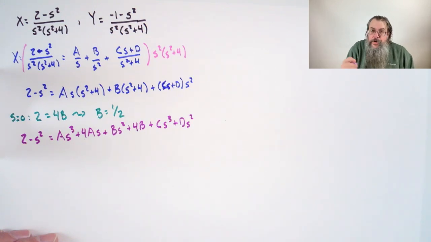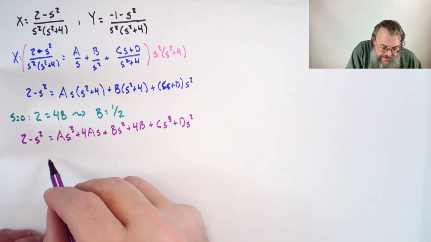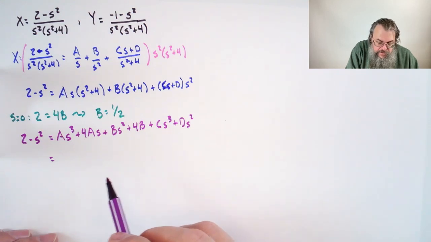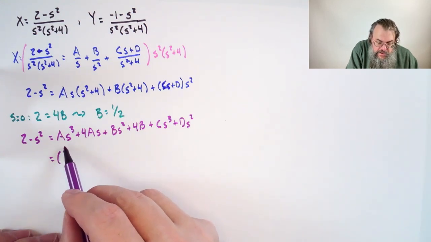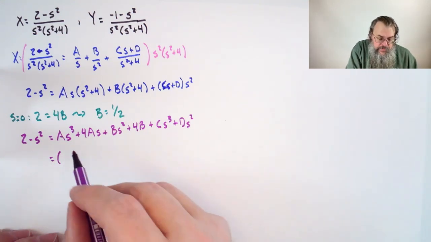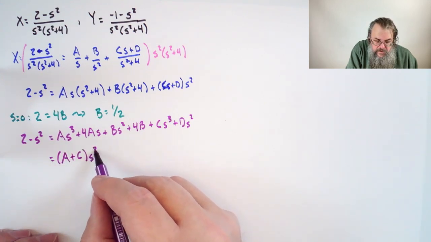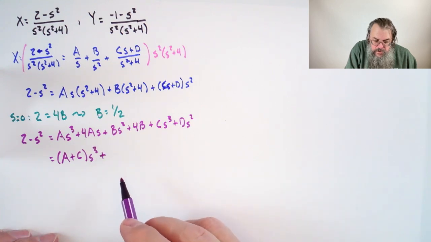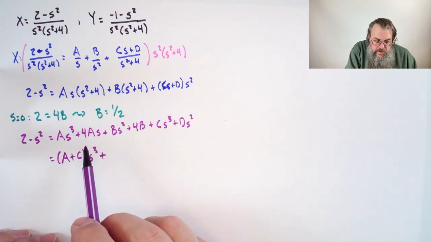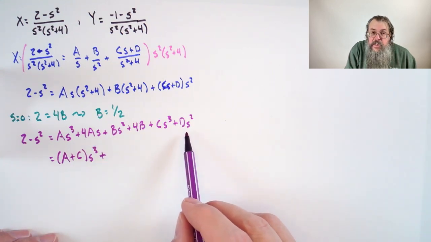And now we gather our coefficients. So we say, well, what's s cubed? There's an a and a c. So a plus c times s cubed. Then, okay, what about s squared? There's a b, there's a d.